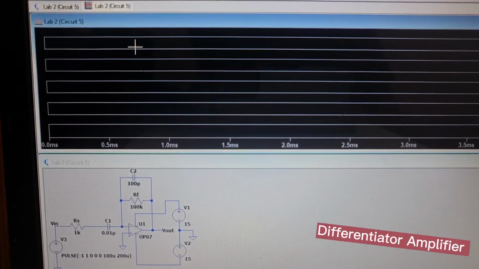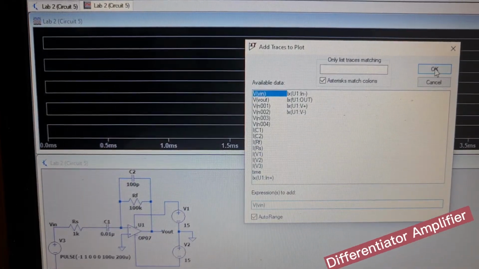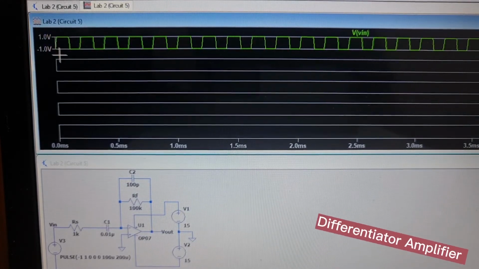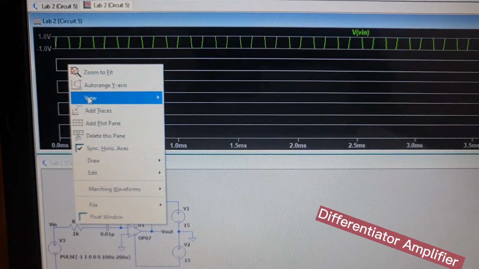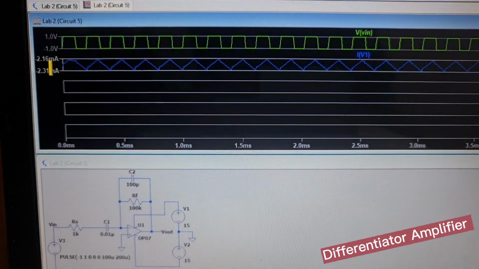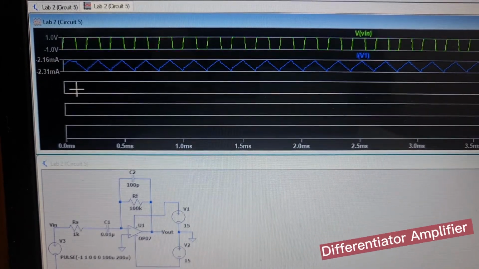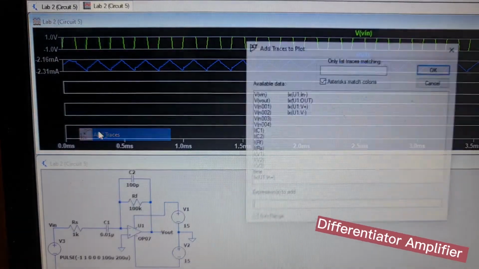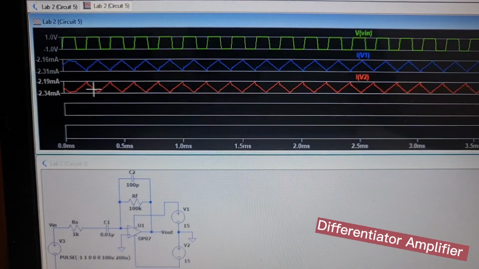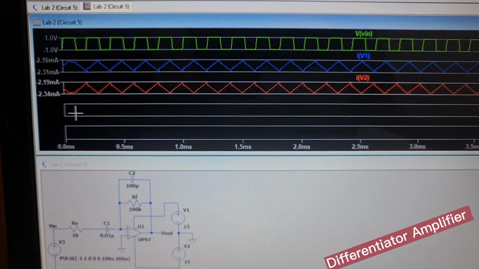Now we'll be looking at the first waveform, which is V in. The value ranges from 1.0 volt to negative 1.0 volt. And for the next one, we'll be looking at IV1, which is negative 2.16 milliampere to negative 2.31 milliampere. And as for the third one, we'll be looking at IV2, which is negative 2.19 milliampere to negative 2.34 milliampere.